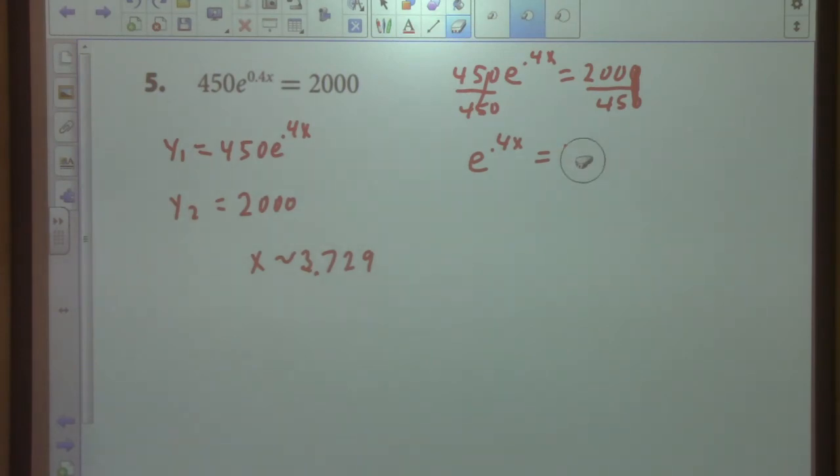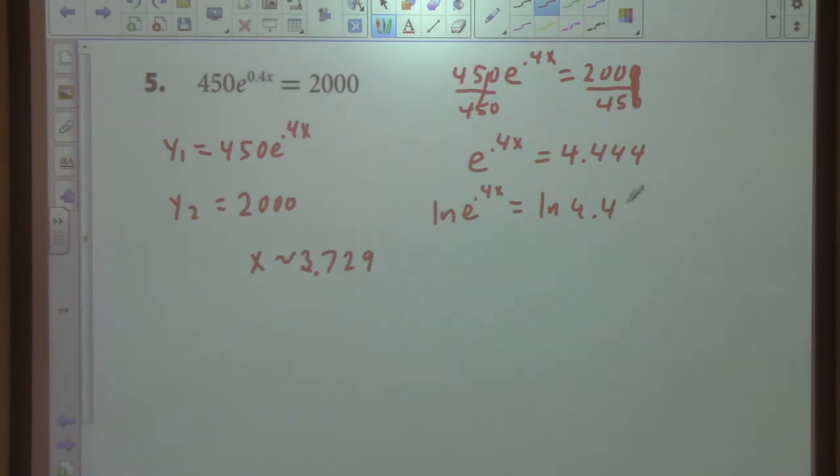And then what? For the next thing, we take the ln. So I'd say ln of e to the 0.4x equals the natural logarithm of 4.444, right? Does that make sense? Then what can you do?